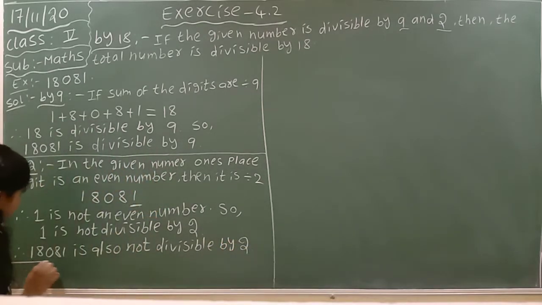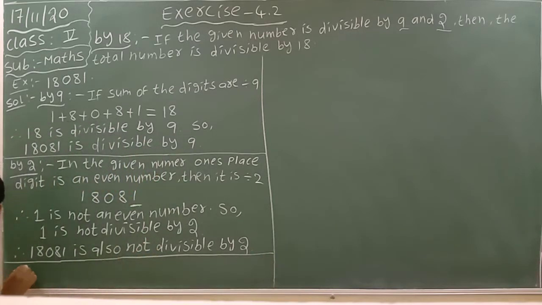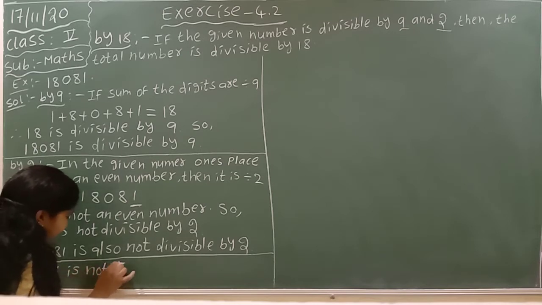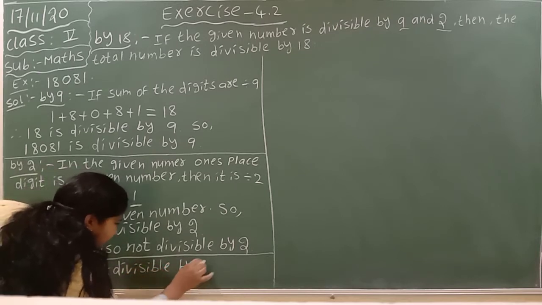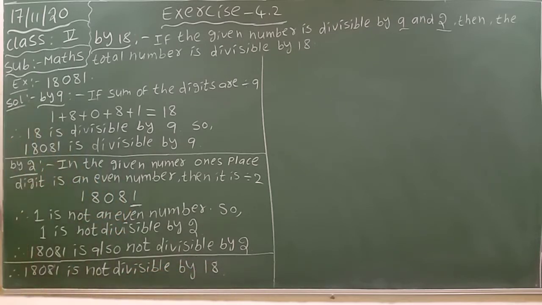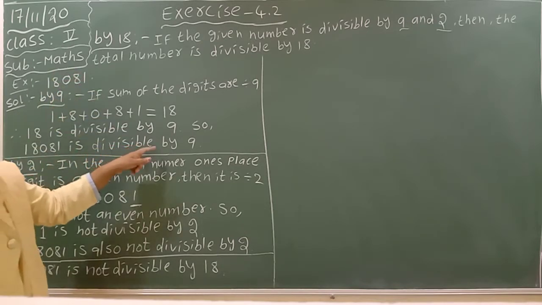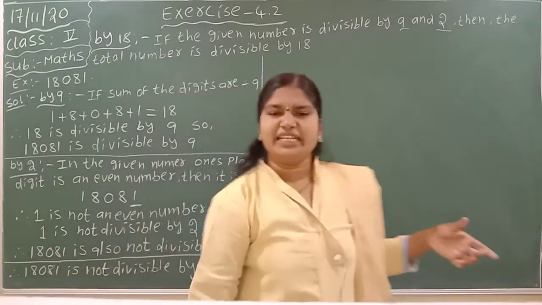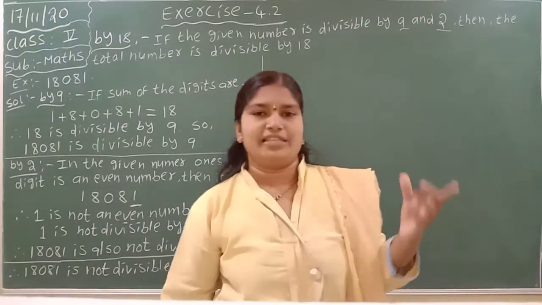So, last step, directly you have to write down: therefore, 18,081 is not divisible by 18. Okay, children. Why? Because this number is only divisible by 9, not divisible by 2. If not divisible by 2, the total number is not divisible by 18. Same like this.